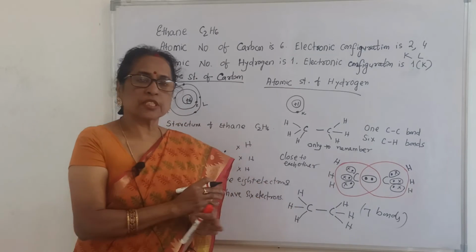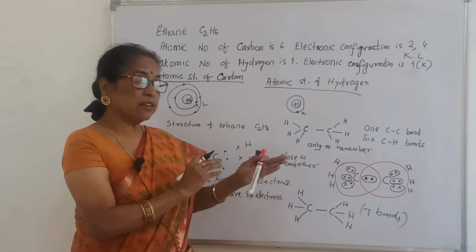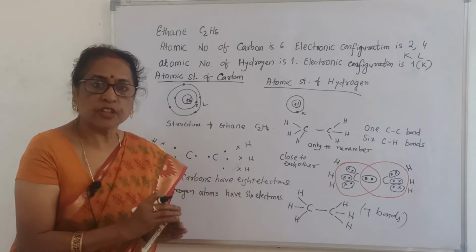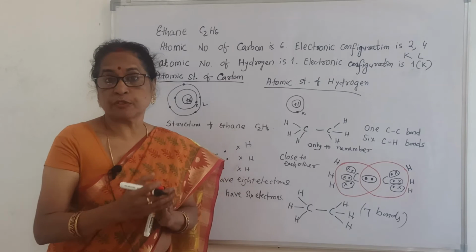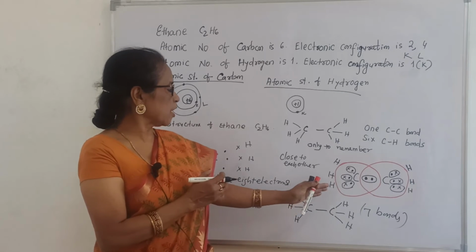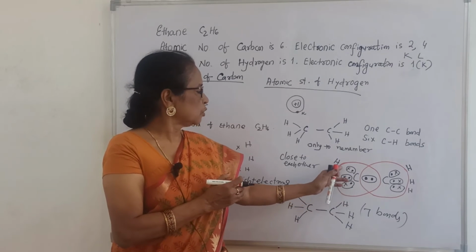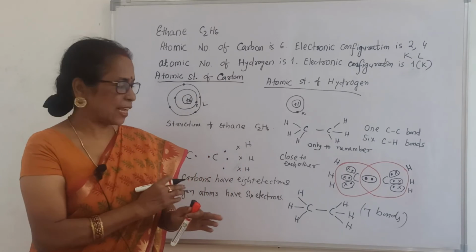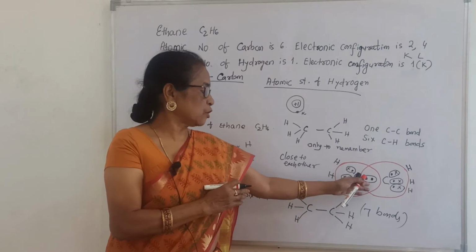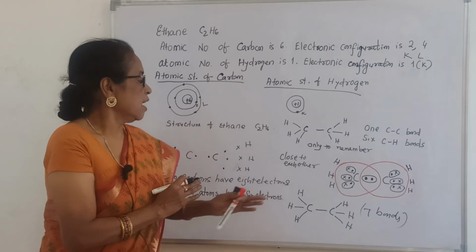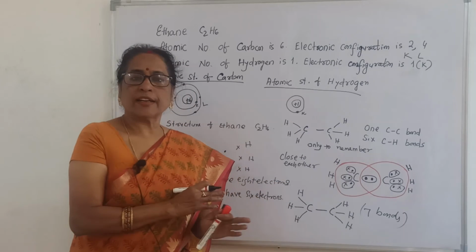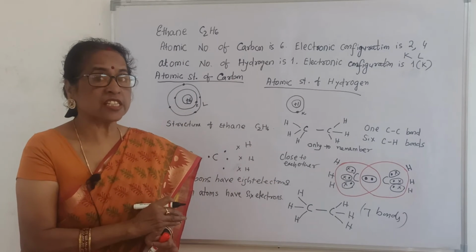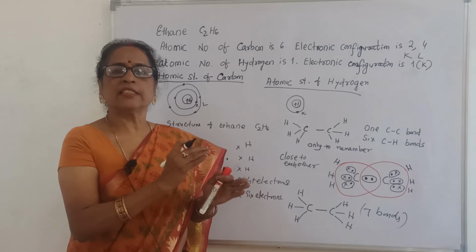Similarly this side is also the same, and you can check whether the nearest inert gas configuration is followed or not. Yes, you can check. 1, 2, 3. 3 pairs means 3 into 2, 6, and this one 2, making 8. That means this carbon satisfies the nearest inert gas configuration, that is neon.